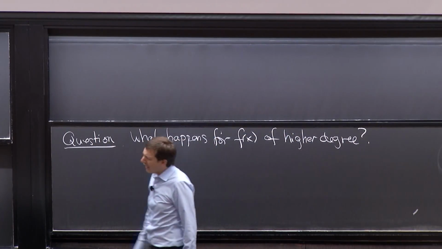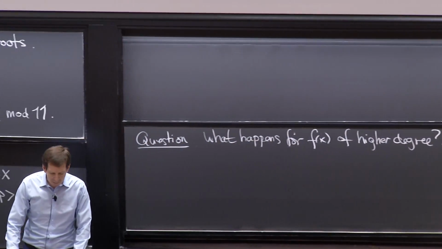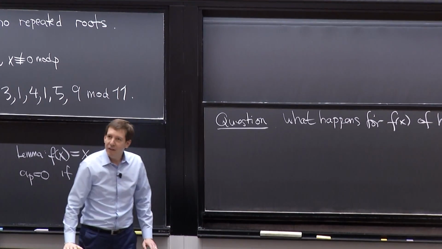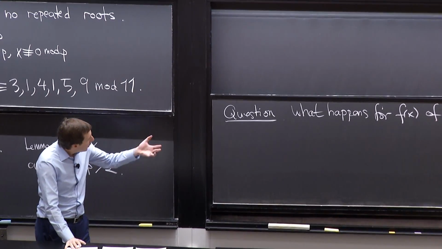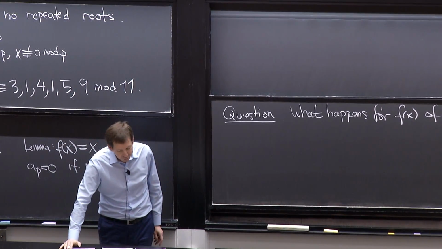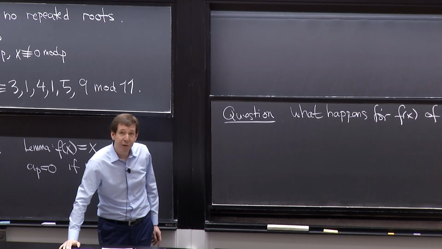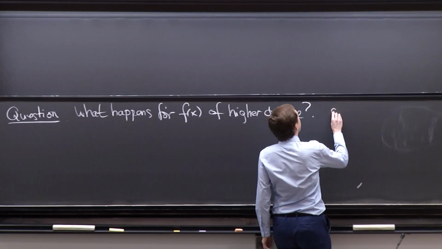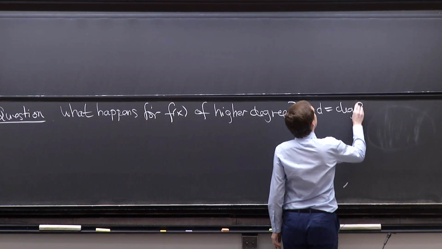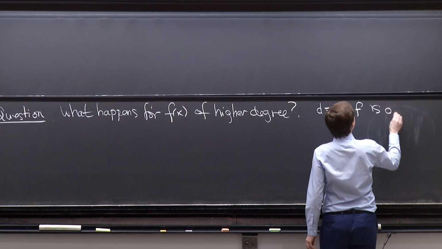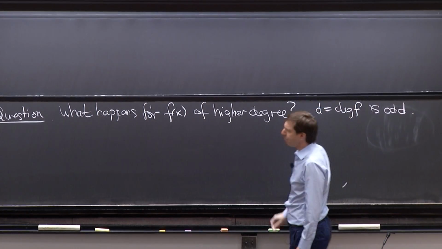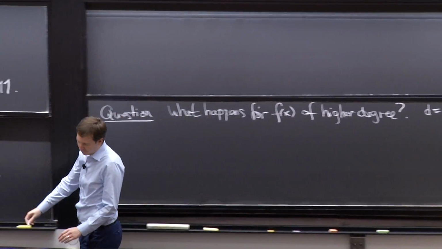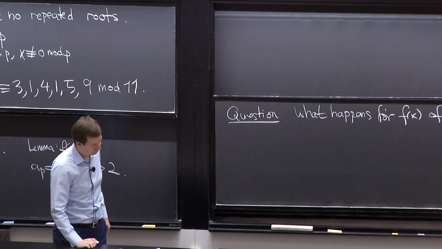The next natural case is degree 2, but by a trick which I'll leave out, for polynomials of even degree you can always make a change of variables to reduce it to a case of degree 1 less than that. So let me insist that the degree d of f is odd.